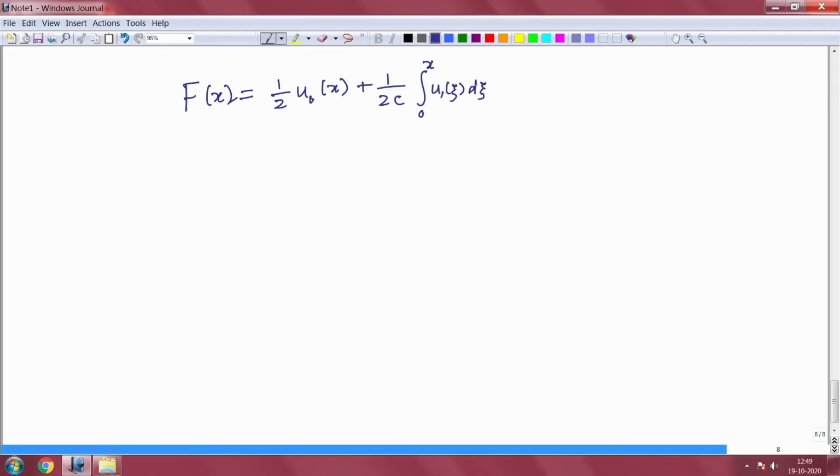This is just a dummy variable for integration, plus k by 2, and g of x is equal to half u_0(x) minus 1 by 2c integral 0 to x, same thing, minus k by 2.